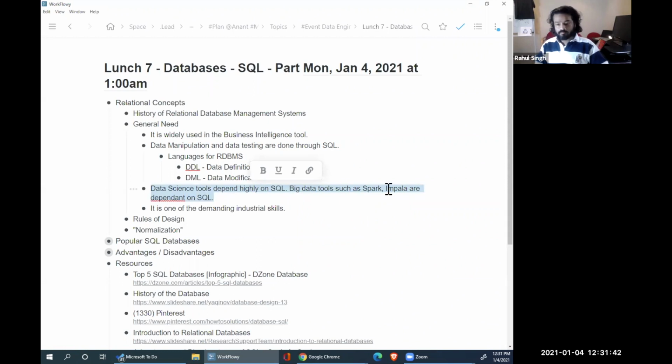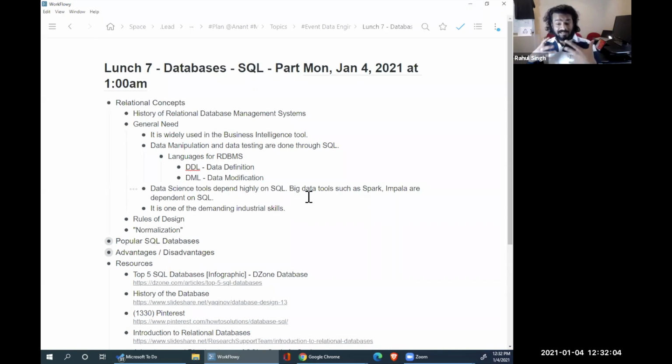Big data tools, Spark, in our wheelhouse, is basically a distributed computing system, but it has Spark SQL. And Spark SQL represents data if it's stored in another database, or if it's stored on a distributed file system.